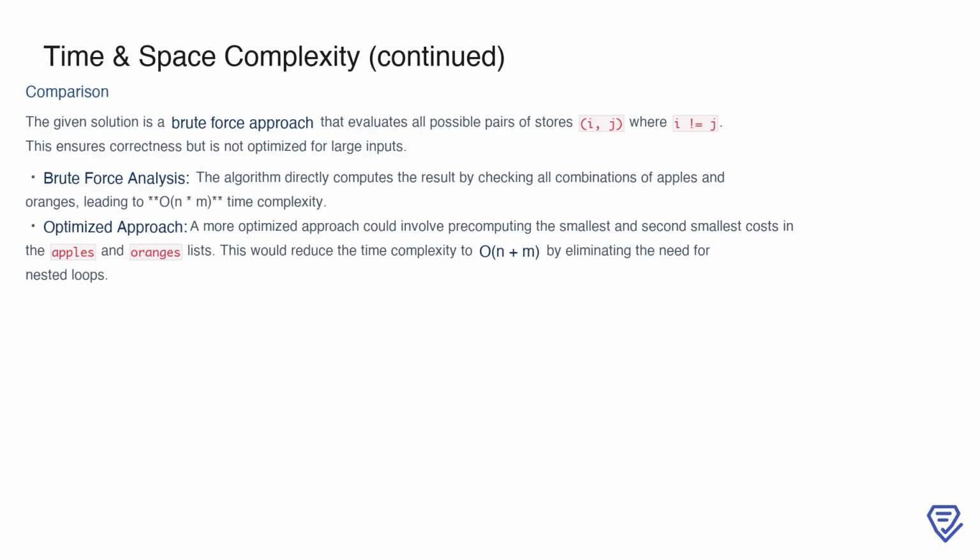However, a more optimized approach could be designed. For example, we could pre-compute the smallest and second smallest costs in the apples and oranges lists beforehand. By doing so, we could reduce the time complexity to O(n+m), since the nested loops would no longer be necessary. This optimization would significantly improve the algorithm's performance on large inputs.